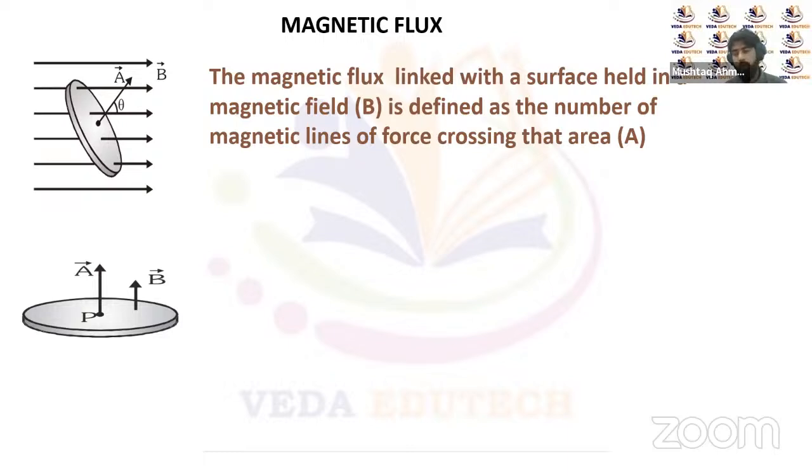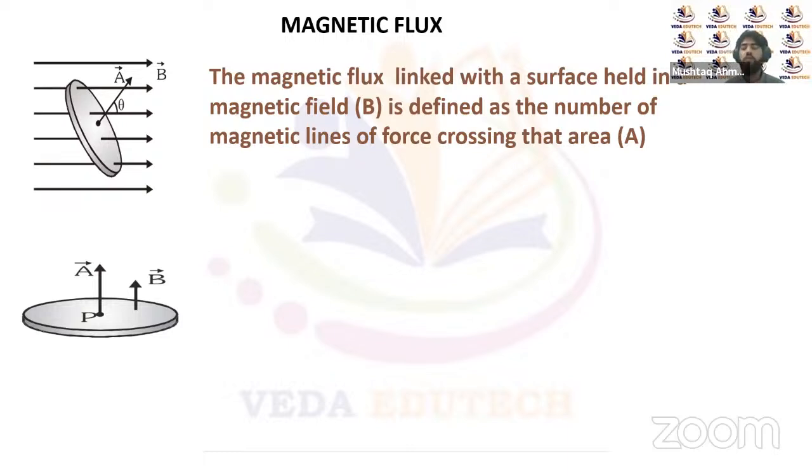right? And we also discussed a very important property: two magnetic field lines cannot intersect each other. We know that the tangent to the magnetic field line at any point gives the direction of the net magnetic field at that point.